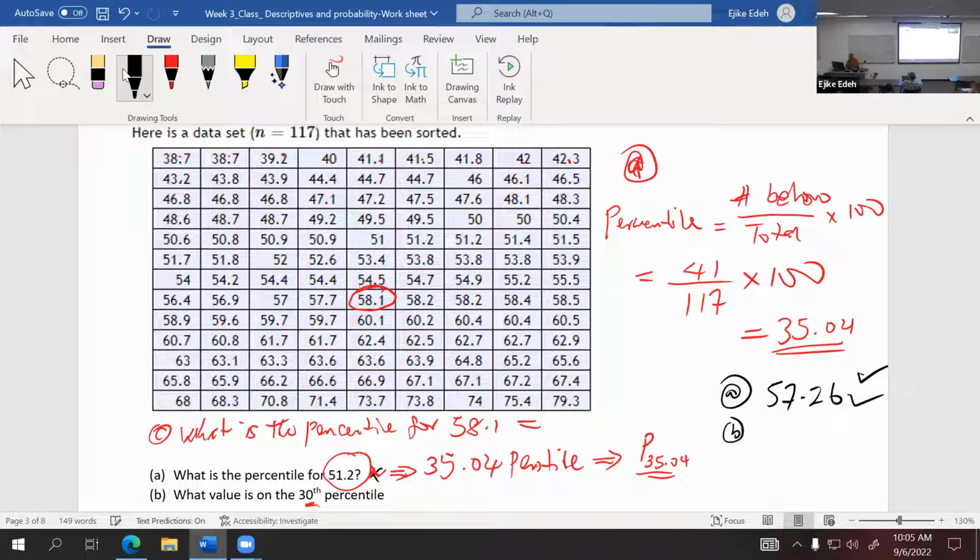If I say somebody scored at the 30th percentile, I'm saying somebody performed better than 30 people in that group. So 30 people below. The 30th percentile is the position of that person. So if you perform at the 30th percentile, you perform better than 30 people below.